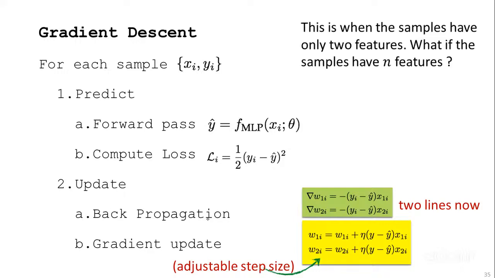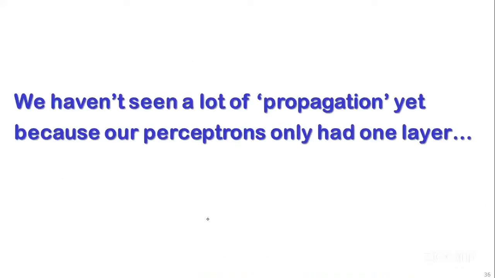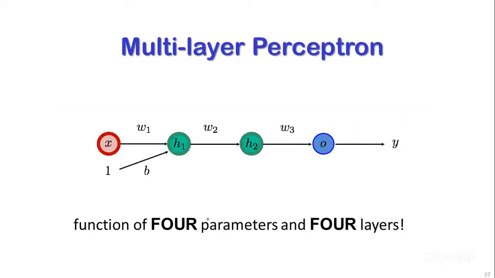Now consider the situation when your sample, this time, has just two features, but what if we have n features? Till now we have not seen this, although yesterday we told you how it works when doing backpropagation, but we didn't do it, because our perceptron had just one layer.